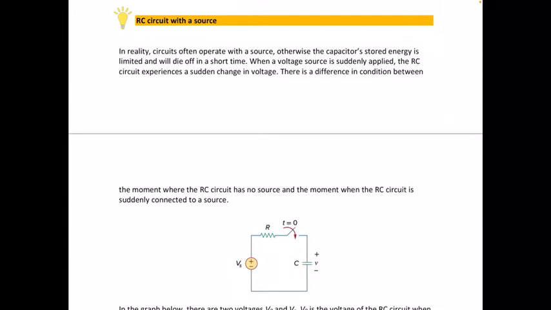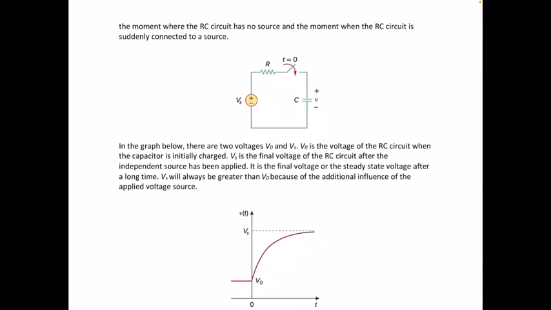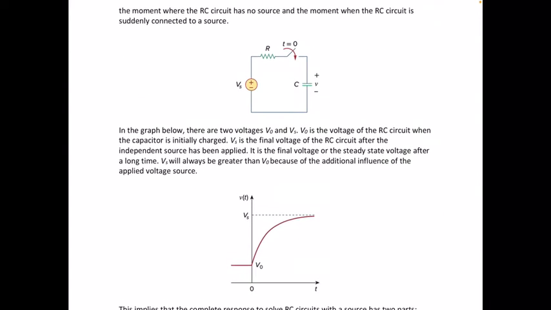So as you can see in the diagram, we have the addition of a Vs, or the voltage source, and in the graph below, there are two voltages, Vo and Vs. Vo is the one that is lower than Vs, which is at the top.